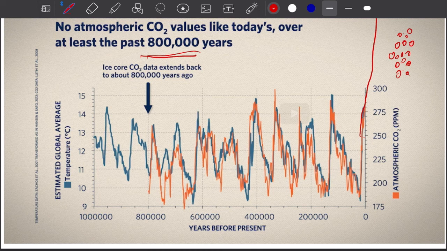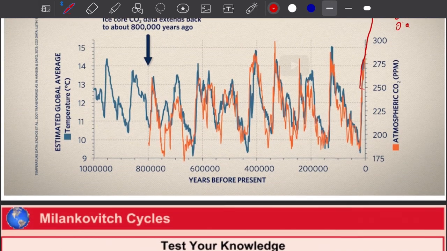We are the recent ones who did deforestation, started burning coal and fossil fuels, set up industry and all. It all produces CO2, and this additional CO2 is moving into the atmosphere, and that's why the current concentration is much higher than in the past 800,000 years. This is the reason.